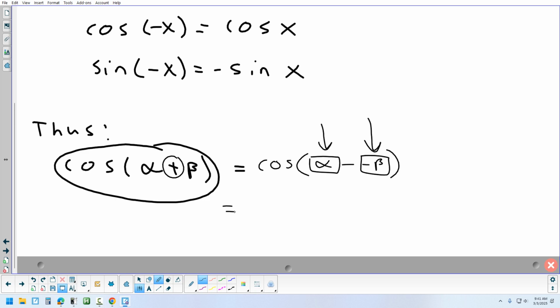Trig functions, are they grouped or mixed for the cosine difference? Yeah, grouped together. Cosine, cosine. Sine, sine. What's going to go between them? Plus or minus?